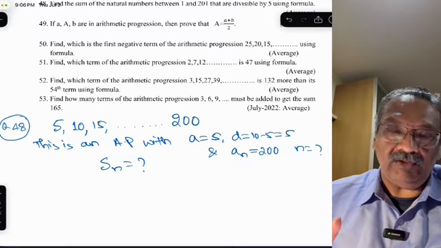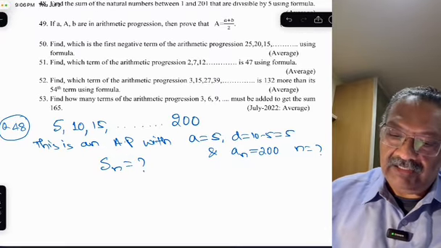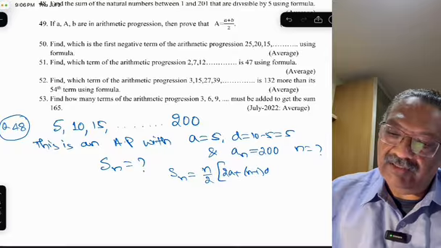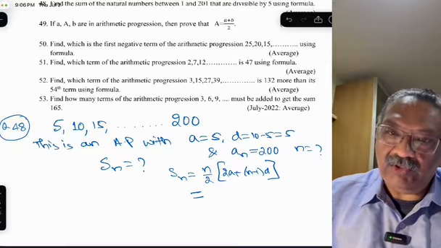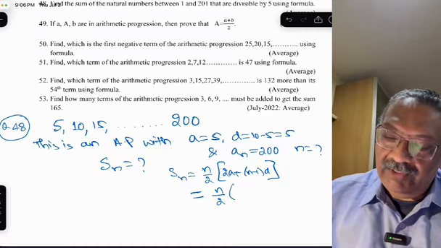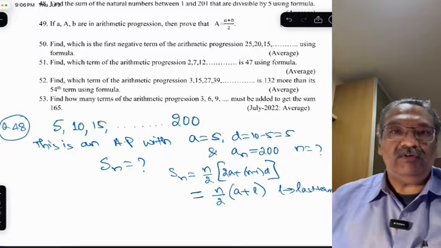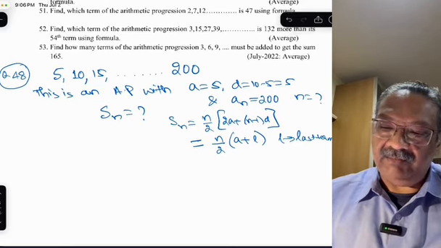We do not know n also here, how many numbers there are. So the Sn formula is n by 2 into 2a plus n minus 1 d, or we also have n by 2 into a plus l, where l is the last term. But for both the formulas we need to find n, how many numbers there are.